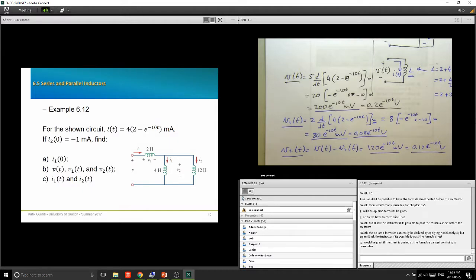Okay, still one more part in that example. I want to find the currents I1 of t and I2 of t. Now, what do we have here? We have V1 of t, we have V2 of t, which is the same applied across both of these inductors. So V2 of t is the same voltage on that 4 Henry and on that 12 Henry.